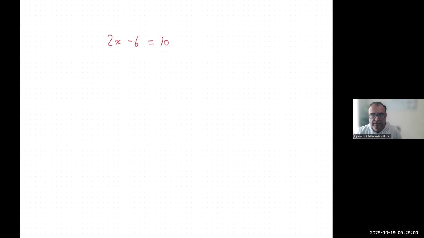And then I will explain a few ways to do it. x is 8. Let's understand how we get x equals to 8 for students who have not been able to do it.